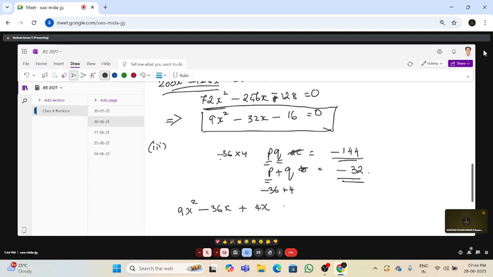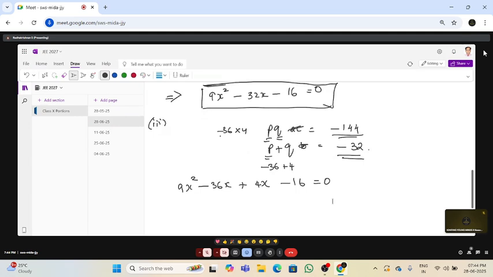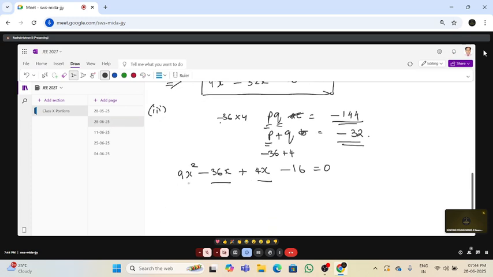so you write like this. So that's minus 32x, you divide it in this way, minus 36 plus 4. Now you factor out 9x into x minus 4 plus 4 into x minus 4 equal to 0.